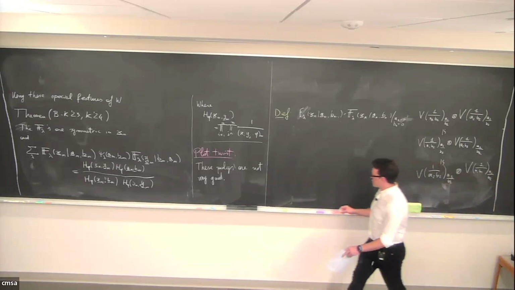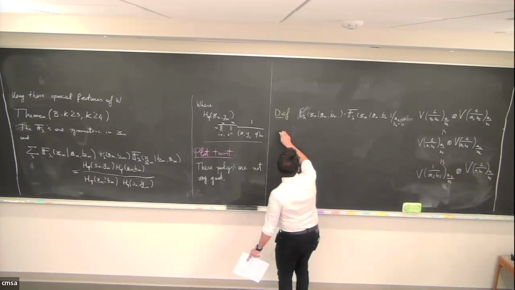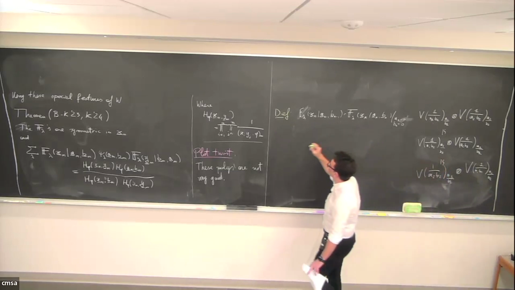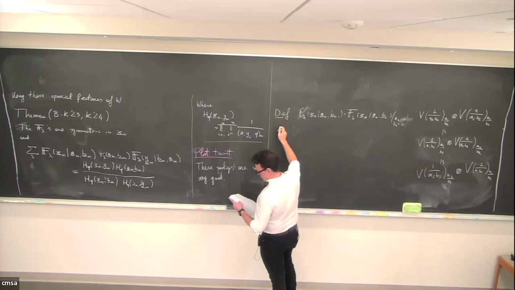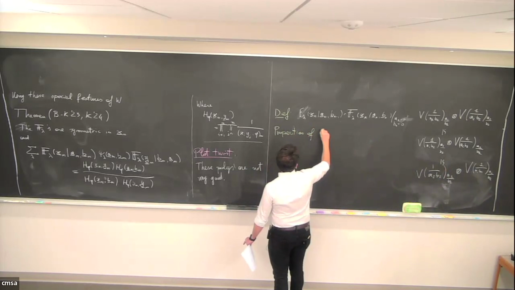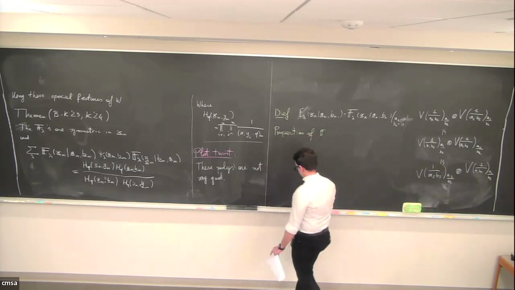So for example, let's enumerate a series of properties. Is it clear what the definition is? We are simply killing two of the parameters. So let's say some additional, some initial properties of the f's.